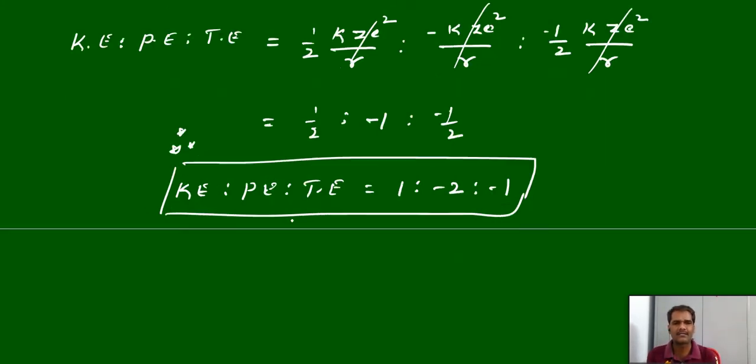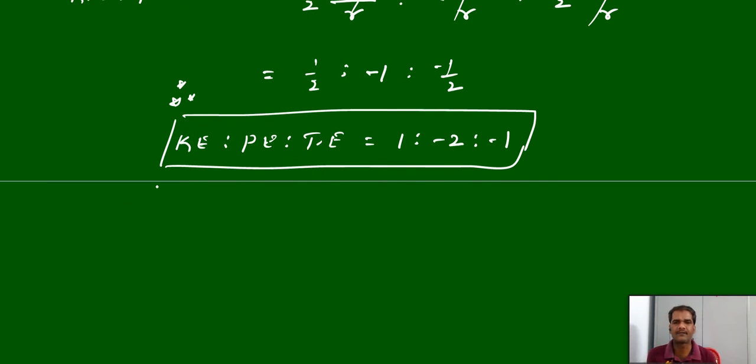Here sometimes they will ask basic questions. For example, the kinetic energy of an electron in an orbit is some x value. Then what is the potential energy? So what relation can you identify here? Kinetic energy by potential energy is equal to 1 by minus 2, or minus 1 by 2. So potential energy is twice the kinetic energy. But the sign is also very, very important here.